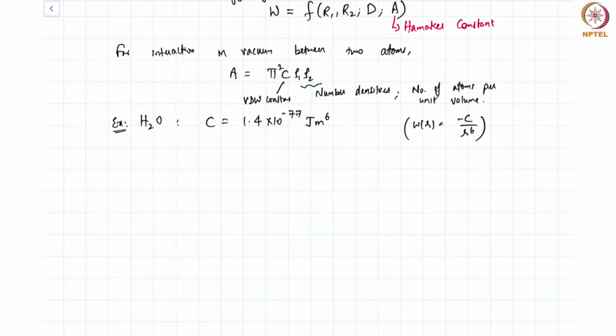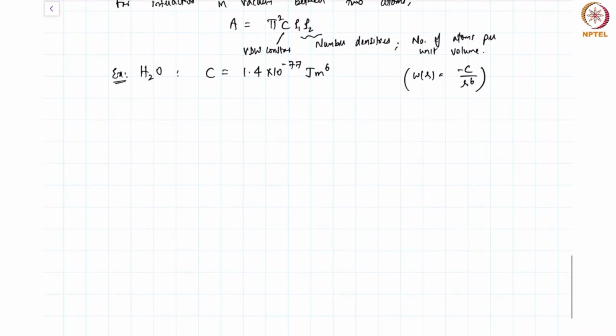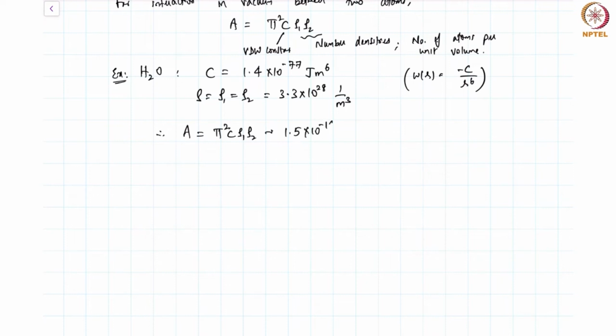Therefore, we have joule meter power 6. And rho in this case, because we are looking at interaction between two water molecules, will be 3.3 into 10 power 28 per meter cubed. Therefore, the Hamaker constant A, pi squared C rho 1 rho 2, comes out to be about 1.5 into 10 power minus 19 joules.